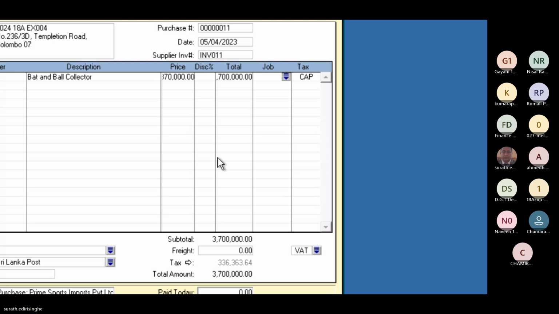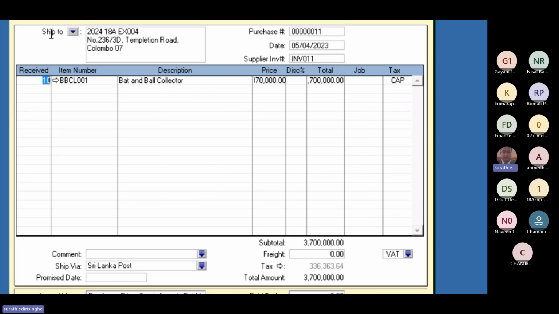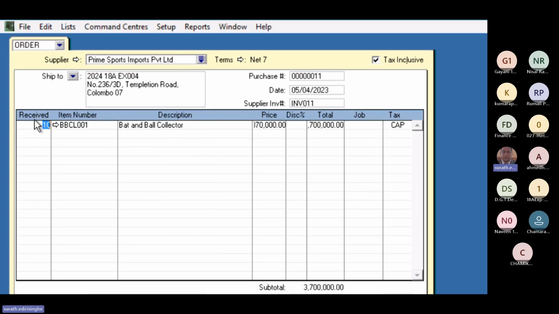Right. Here. Look at here. A small problem. No, order not 10, one item. Now okay.